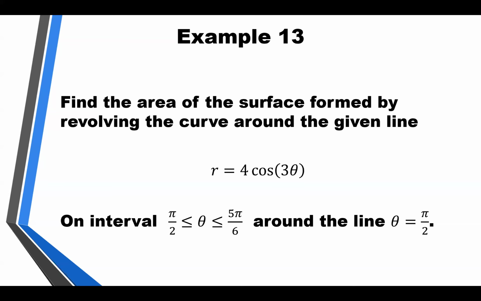We're going to take one of those petals, the petal that goes from pi over 2 to 5 pi over 6, and we're going to revolve it around the line theta equals pi over 2. Again, think of that as the y-axis. So here's our curve, 4 cosine 3 theta. We're going to rotate it around theta equals pi over 2 on the interval from pi over 2 to 5 pi over 6.